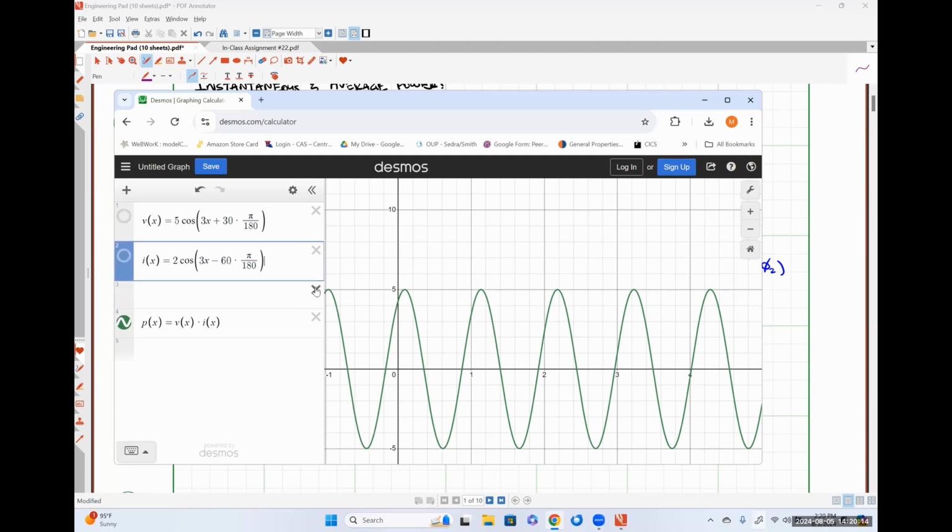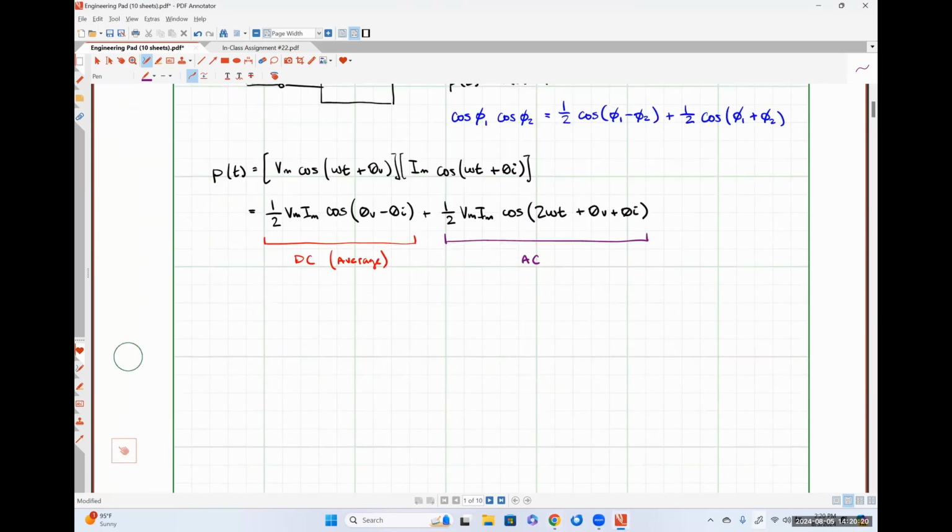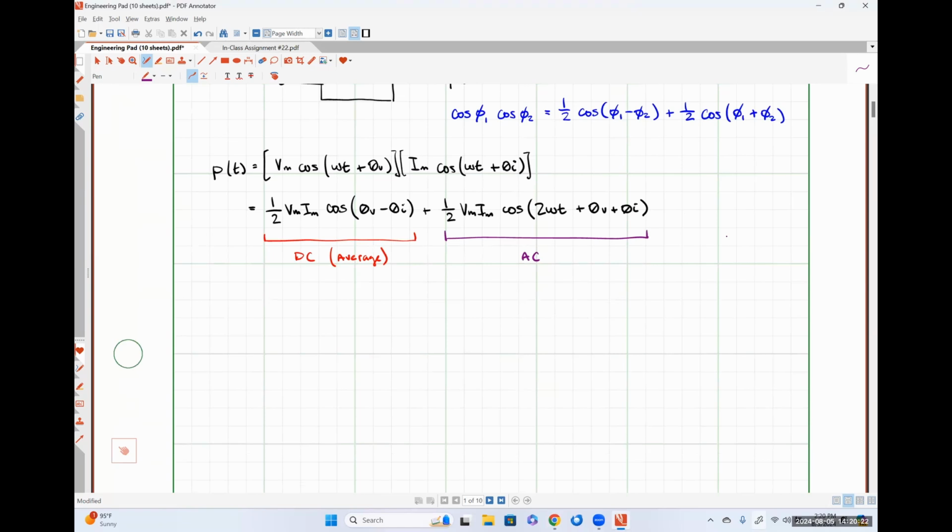So we can develop some mathematical relationships to describe all of this stuff as well. So for a resistor, we know that the phase angle of the voltage and the phase angle of the current are the same thing.